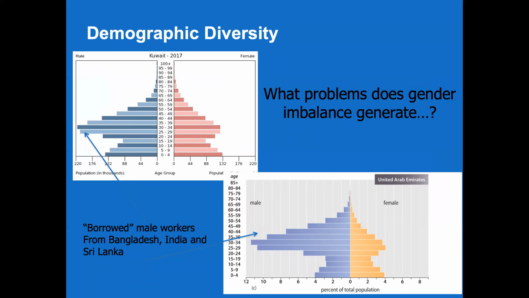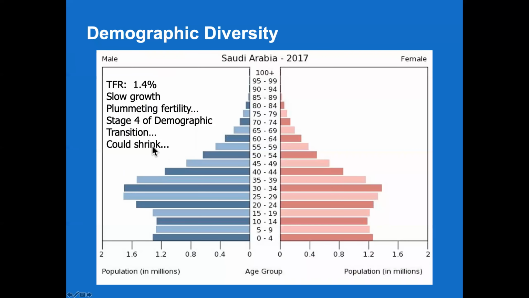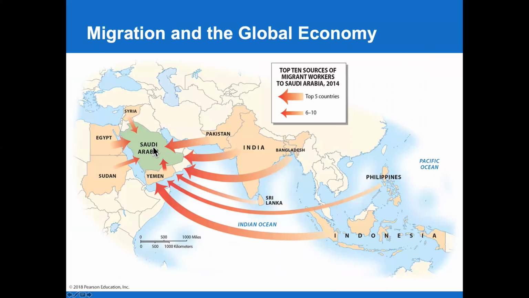They work in anything from construction to the hospitality industry to really any other thing that the local population, frankly, does not want to do. And as a result, you get this unnatural looking population. There's Saudi Arabia. Again, here's where the majority of those workers come from.